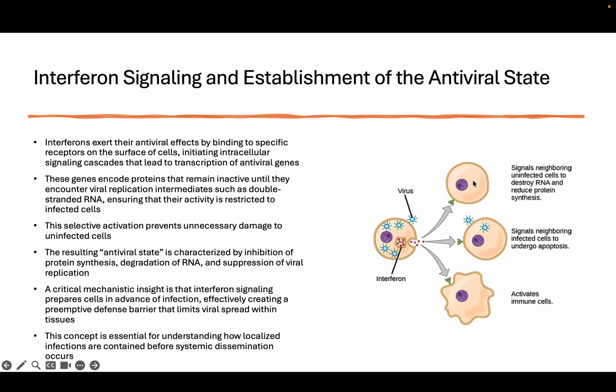Here, now let's say you have your interferon coming in and binding. It's now stimulating ISGs, and producing a lot of proteins that would stop translation, but they're inactive. So translation and DNA replication are occurring because there are no viruses. In this one, the interferons are binding, and then you have your ISGs. They're not active until suddenly there's a virus. Then they start to get activated, and they will push.